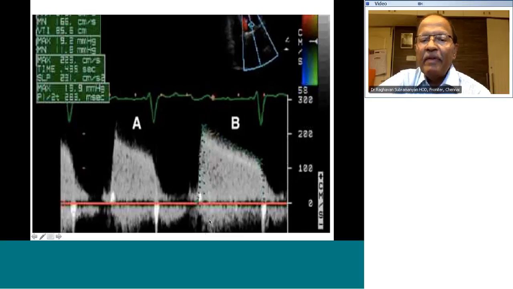Another way of quantifying mitral stenosis would be to measure the mean gradient. How do you measure the mean gradient? You measure the gradient and average it over the entire diastole.